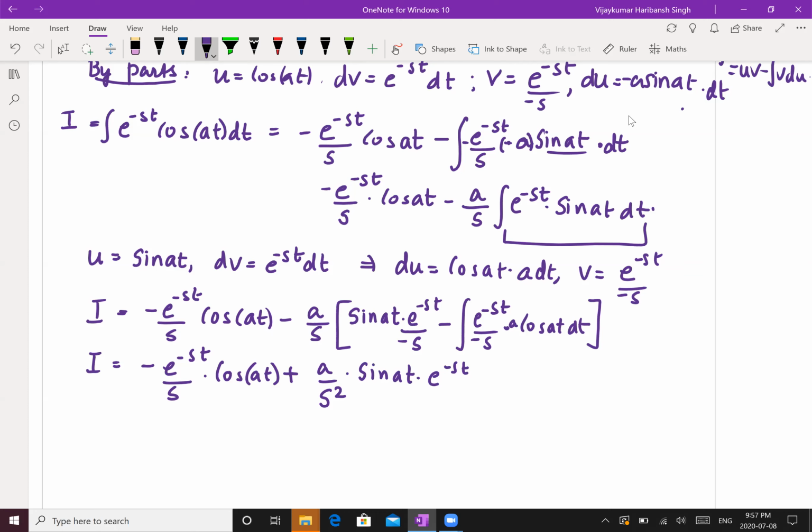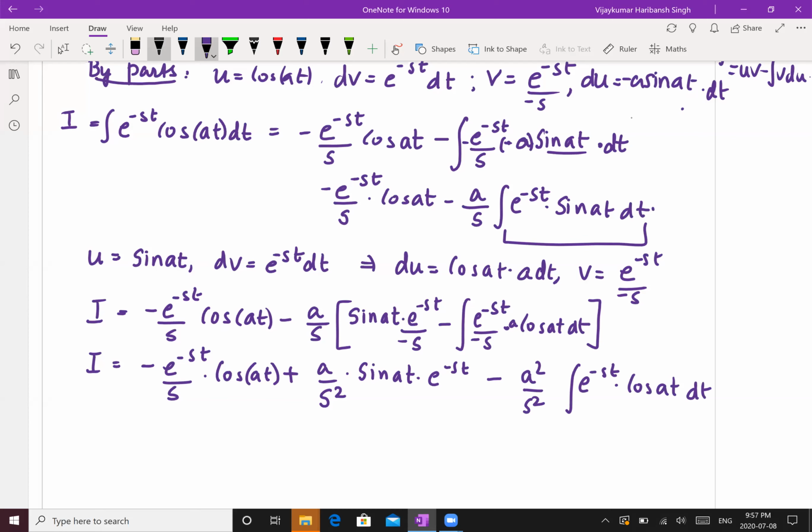When we multiply this out, we have a square by s square integral e to the power minus st times cos of at dt.